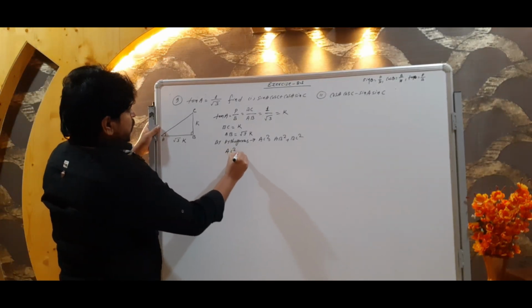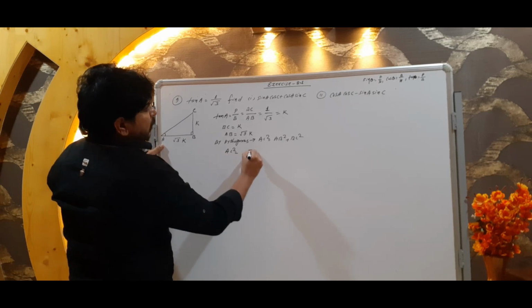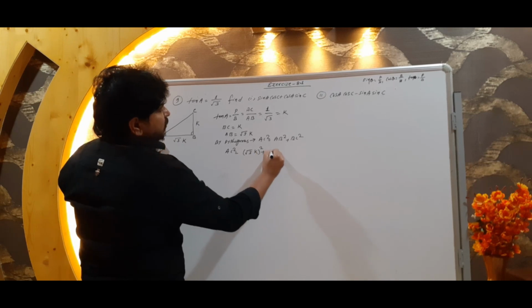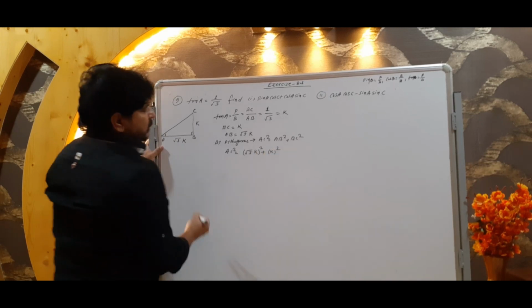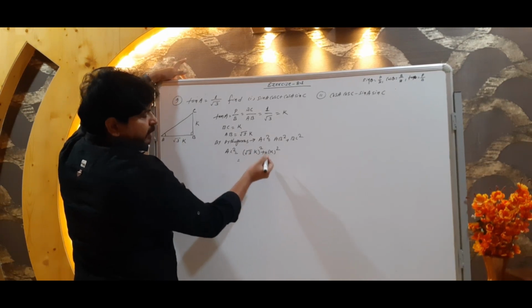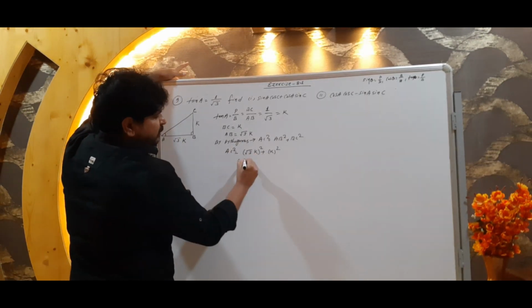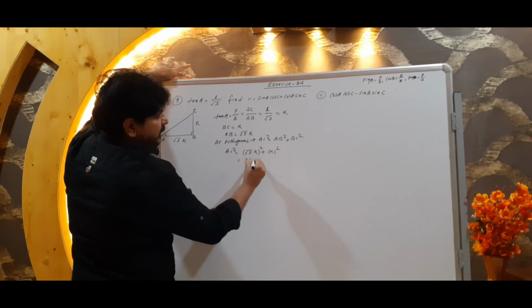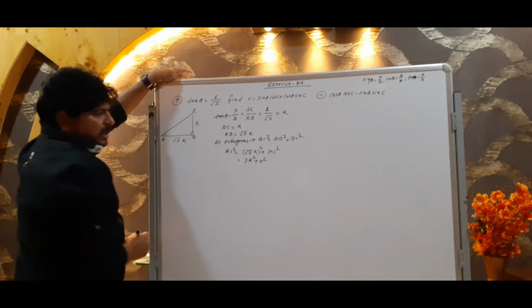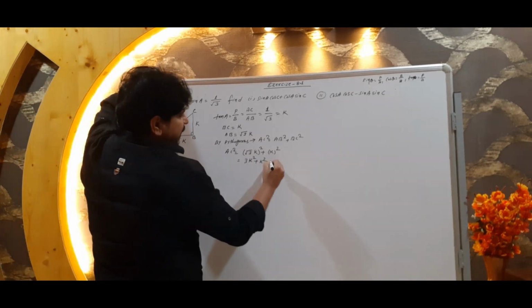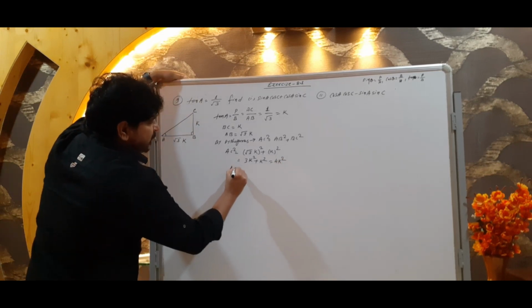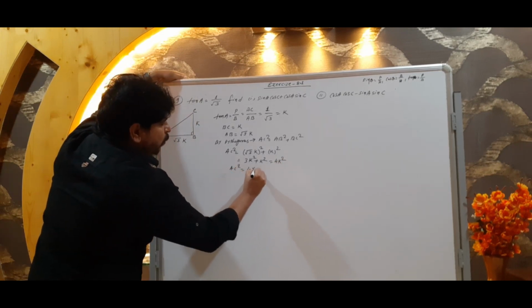AC square is equal to (root 3 k) whole square plus (k) whole square. Root 3 whole square gives 3, and k into k means k square. So 3k square plus k square is 4k square. Means we got AC square is equal to 4k square.